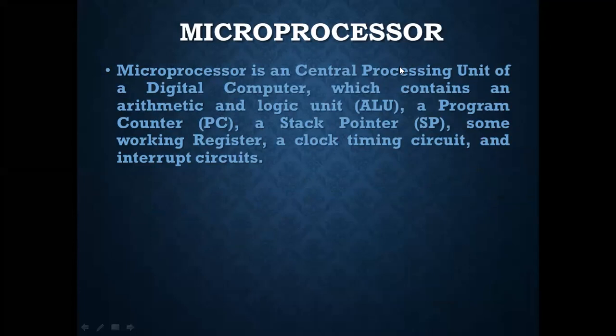This contains, inside the computer, the arithmetic and logical unit, ALU, a program counter, and a stack pointer. These three things are mandatory, and in addition, for temporary data storage, some registers are there, a clock timing circuit is there, and an interrupt circuit is there. The clock timing circuit is nothing but to drive the chip, to drive the processor.